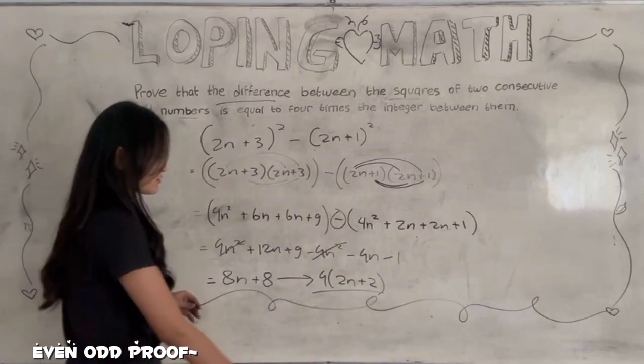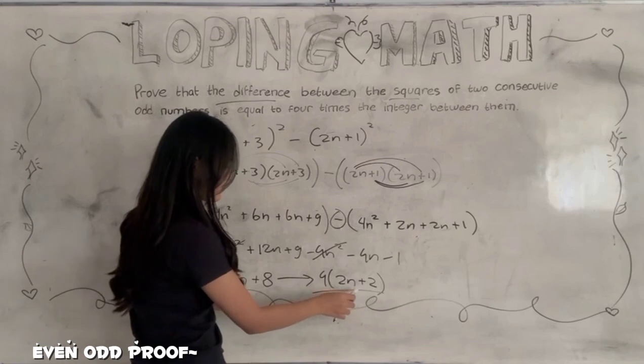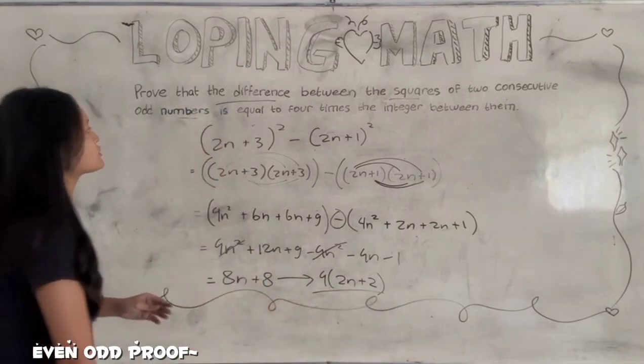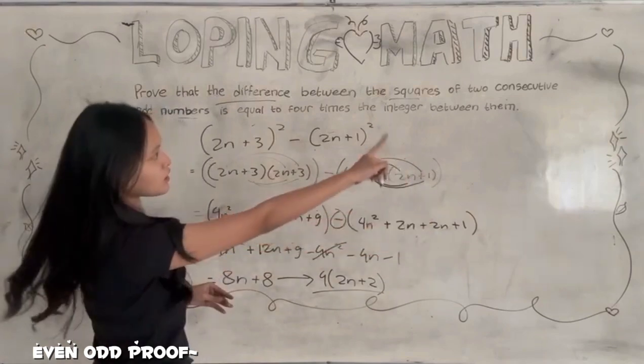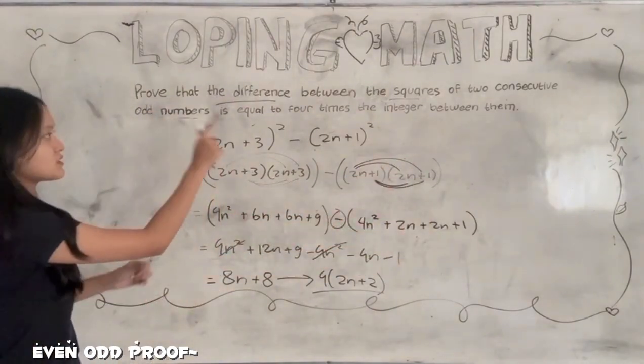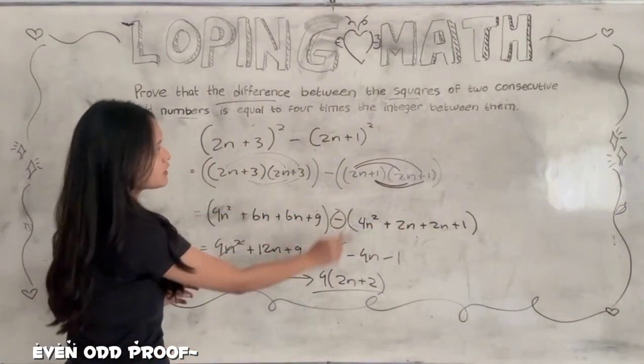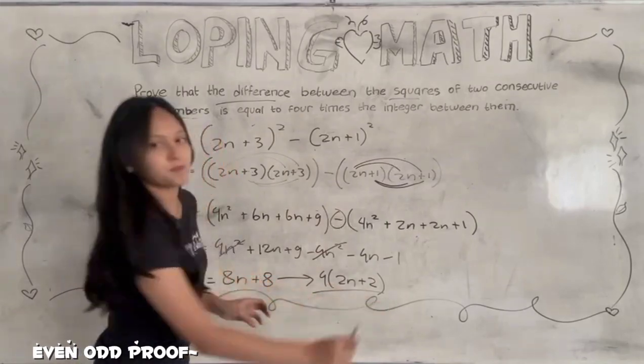There. The final answer is 4 times 2n plus 2, which proves that the difference between the squares of two consecutive odd numbers is equal to 4 times the integer between them.